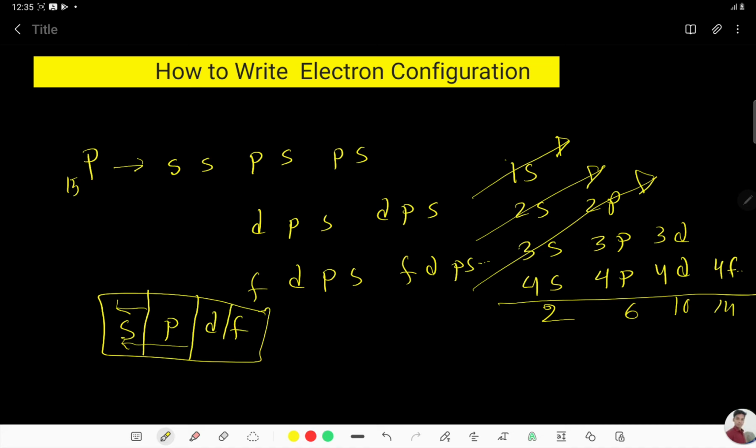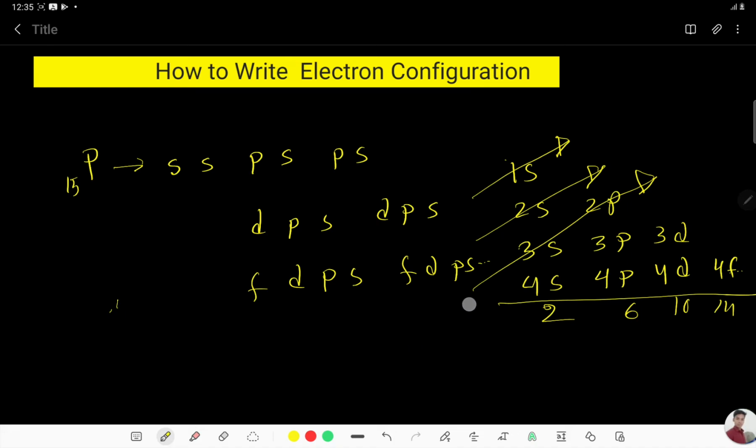Then you have to consider d, so write d twice, dd, and then you have to consider f. You can take any number of f according to your need. That is how you can easily remember this: ss, pp, dd, ff.